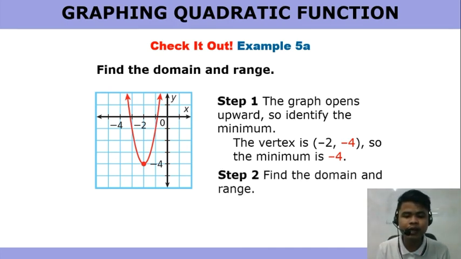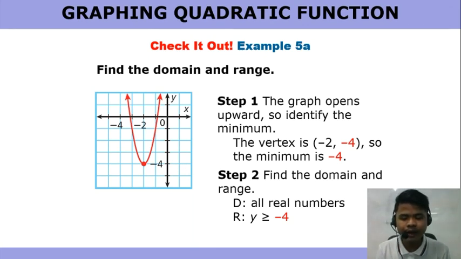Step 2, find the domain and range. Okay, just like kanina, the domain is all real numbers. And the range, okay, since the parabola opens upward, we'll use the greater than equal sign. Okay, y is greater than equal negative 4, which is the minimum value. Okay, kapag it opens downward, we'll use less than equal. And kapag it opens upward, we'll use greater than equal. Then, negative 4, which is the minimum value.